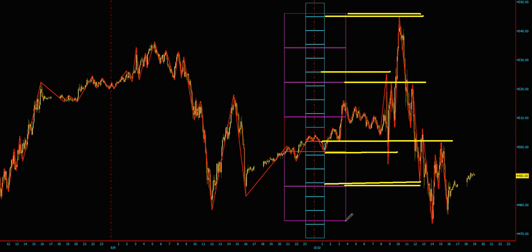So there's nothing random in the market.